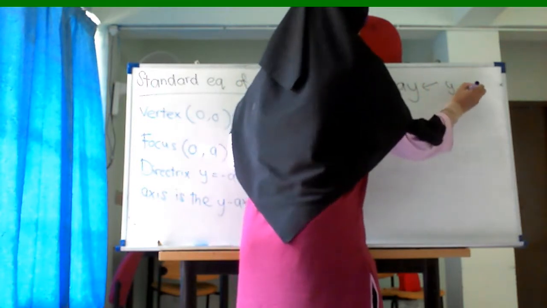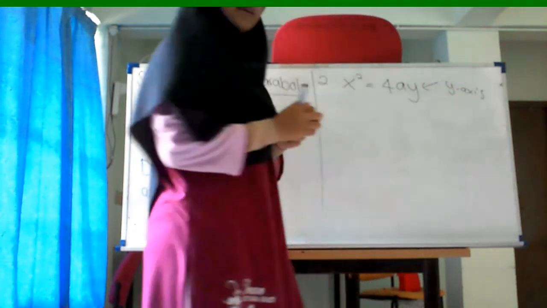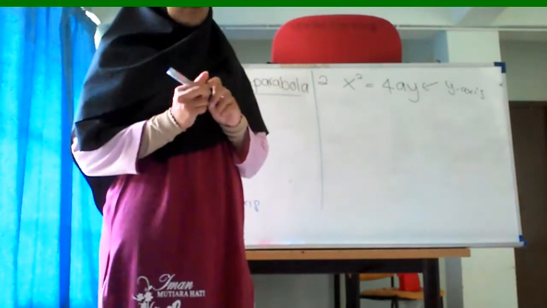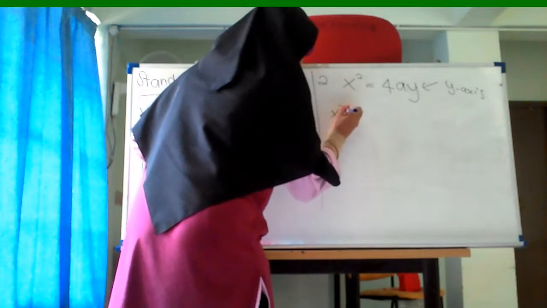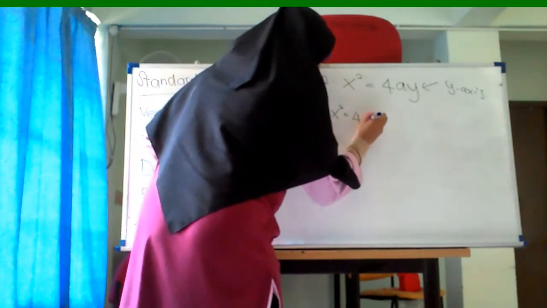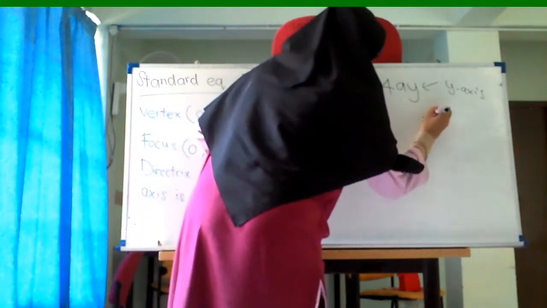There are two possible forms from this equation: x squared equal to 4ay and x squared equal to negative 4ay.